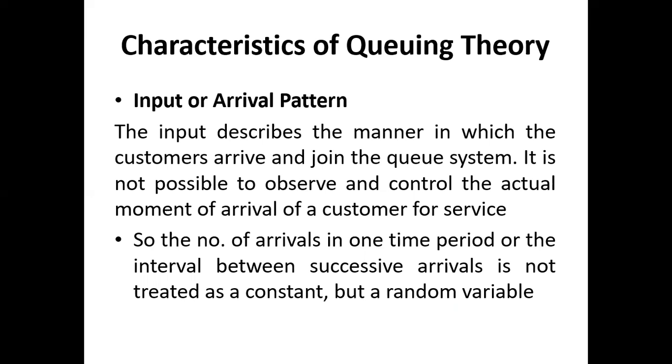Or we take the time between successive arrivals, that is, the first person arriving and the next person coming and joining the queue. This is not a constant, as people arrive at their own pace and the rate of arrival changes from person to person or from place to place. So it cannot be treated as a constant, but becomes a random variable.